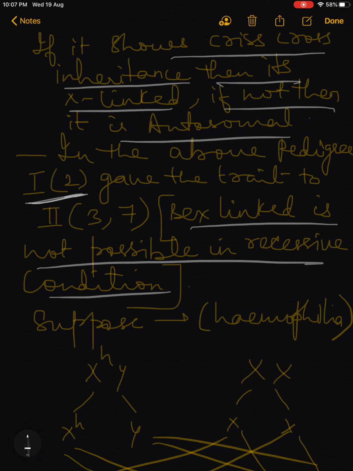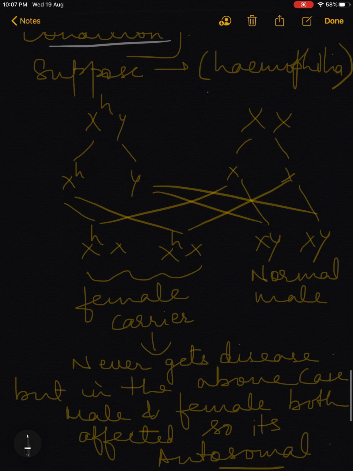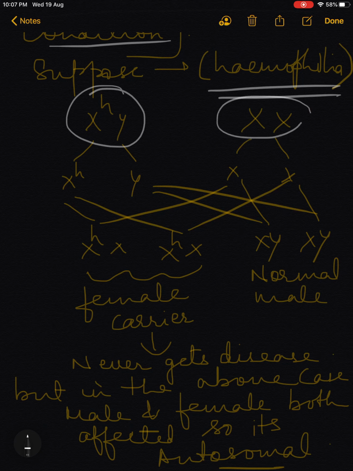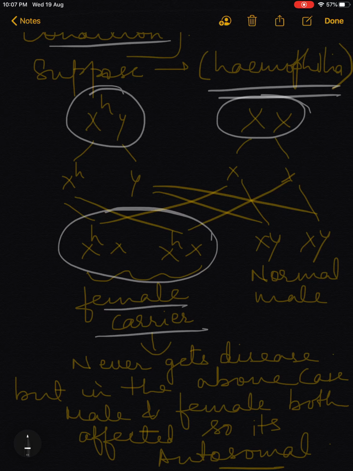To prove this statement, let me show you a case of hemophilia. If the father is hemophilic and the mother is normal, and we find out the cross, you will see that every time the female is a carrier, because it is a recessive disorder and the gene will not express itself in the females. So females will be normal, but they will be carriers.